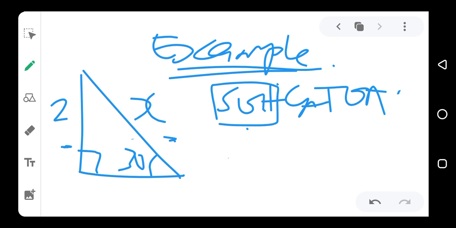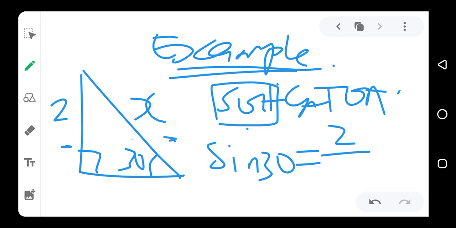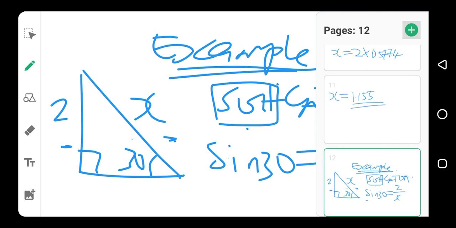So we now say that sine 30 is equal to opposite, which is 2, over hypotenuse, which is what we are looking for, x.